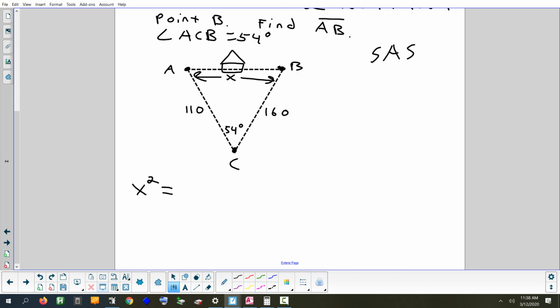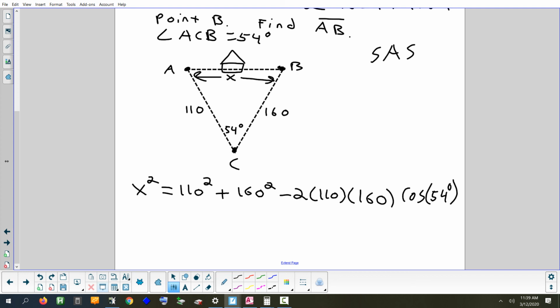So 1 side squared equals the sum of the other 2 squared, minus 2 times 110 times 160, the product of the sides you just used, times the cosine of what's across from x: 54.